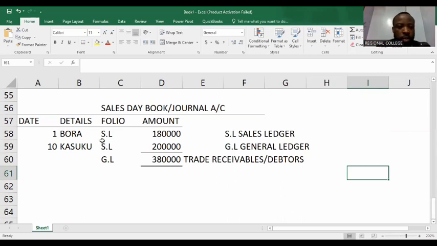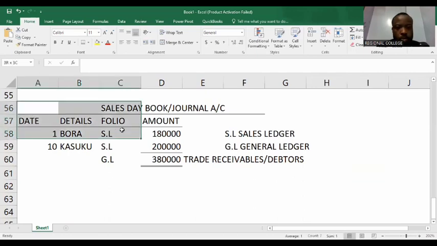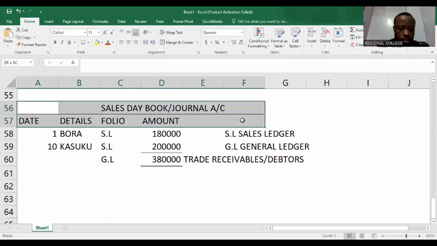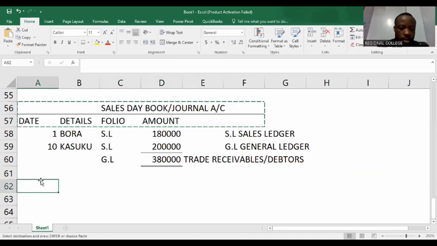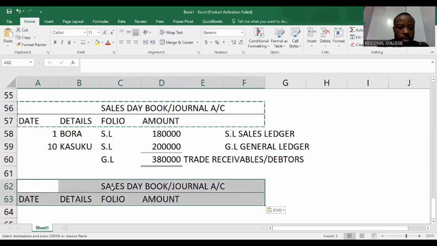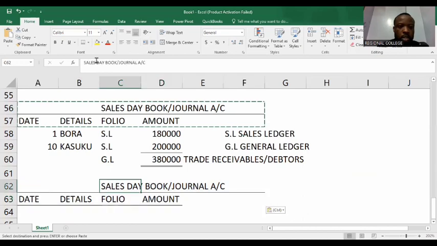So the next one, we can prepare the purchases day book. I can still have this one, the only thing is just to change the name. So I have the purchases day book.